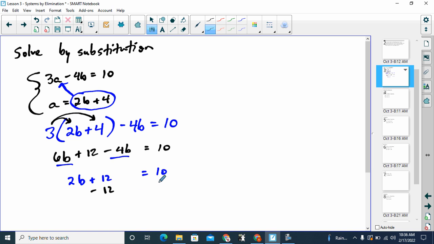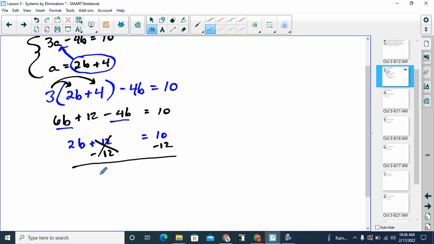I'm going to subtract 12 from both sides, giving me 2b equals 10 minus 12, which is negative 2. 2 times b equals negative 2. I can solve for b by dividing both sides by 2. And I get b equals negative 1.